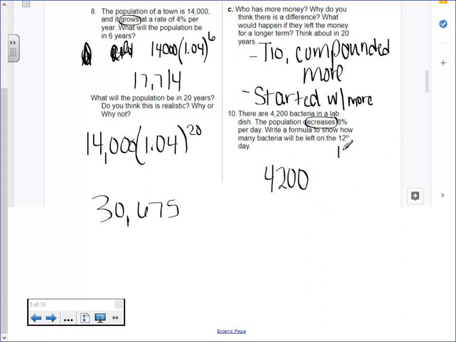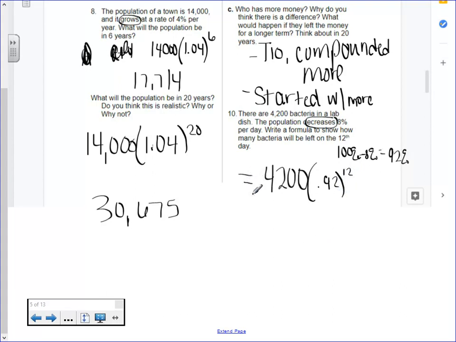We're going to take 100% minus 8%. Due to the fact that this is a decay, you subtract your percentages. So what's 100% minus 8%? And now I need to write that as a decimal. How do I write 92% as a decimal? And then they want to know on the 12th day, so we would raise it to the 12th power.